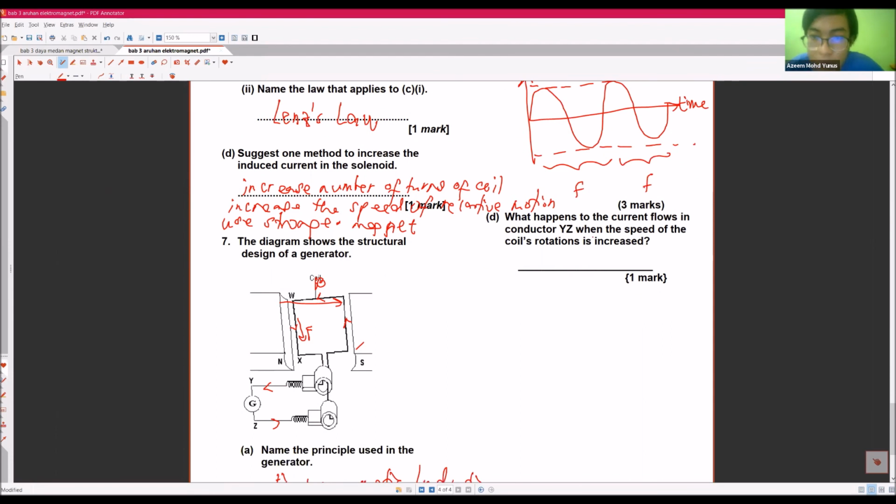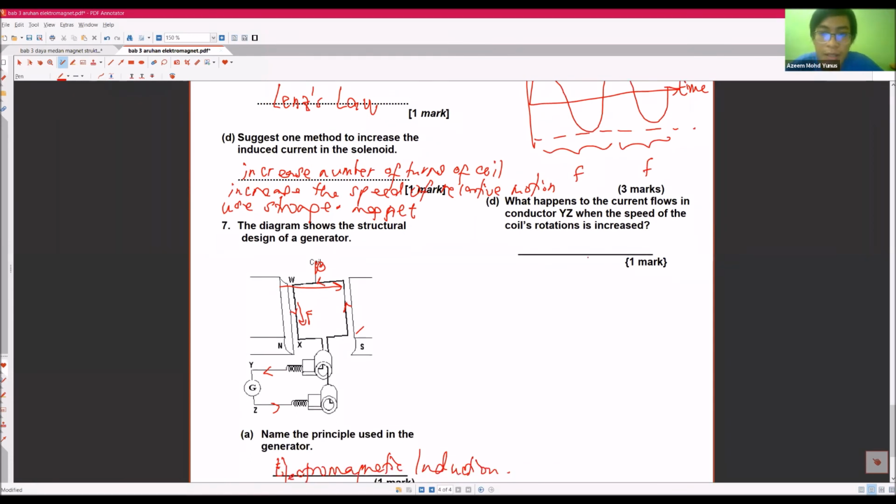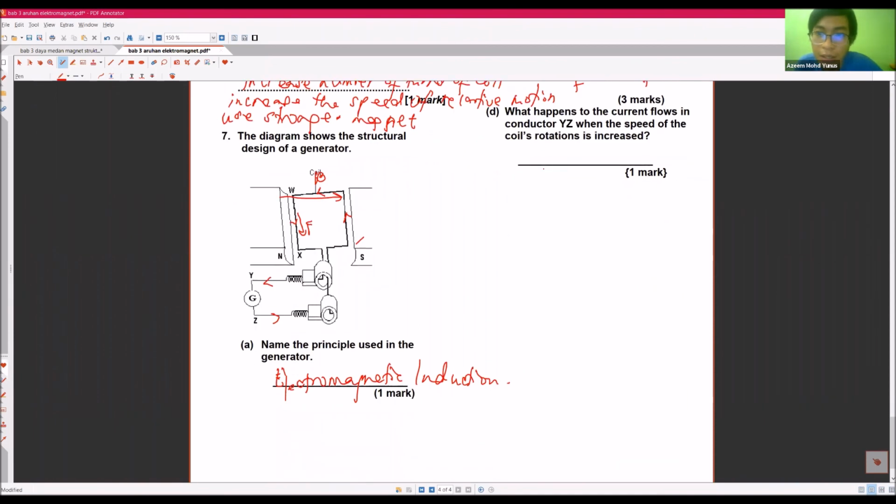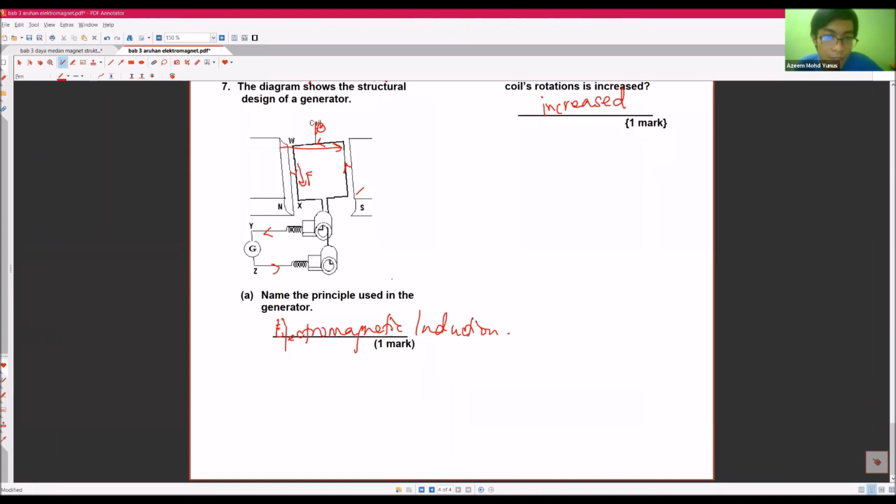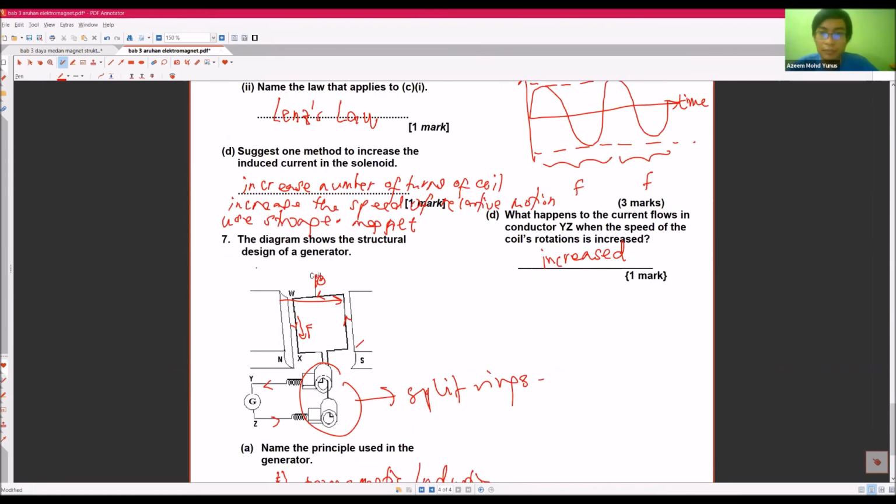What happens to the current flowing in conductor YZ when the speed of the coil rotation is increased? Faraday's law. Okay, so we have slip rings here, so this is an AC generator.